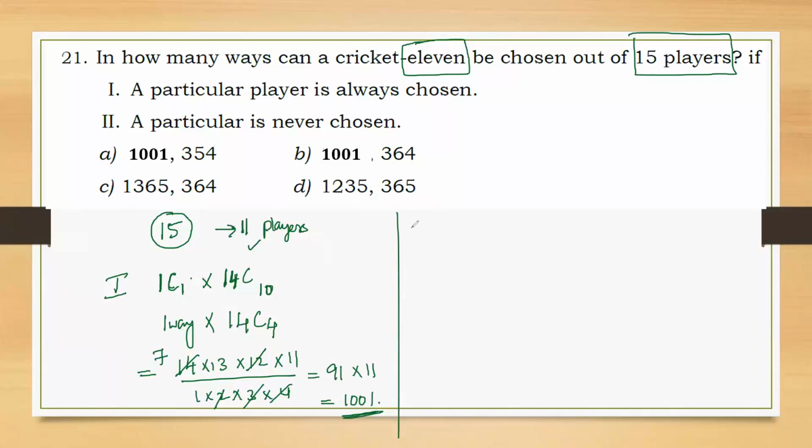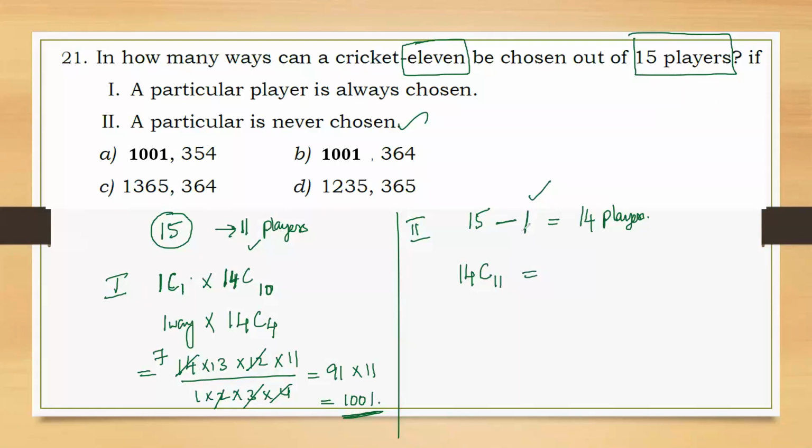Clear? Second case, a particular player is never chosen. So in 15 players, 1 will not be chosen. We will avoid him. So now we have only 14 players. We never choose one player, so I will avoid him. You need to select 11 out of the remaining 14.